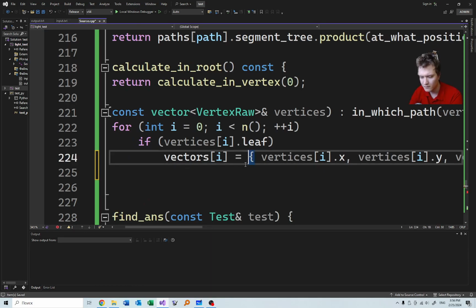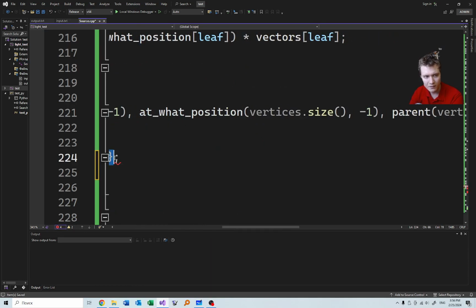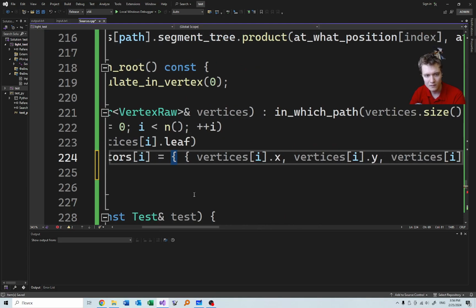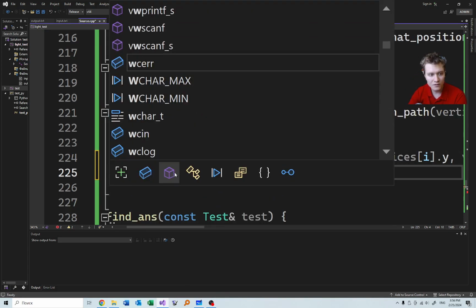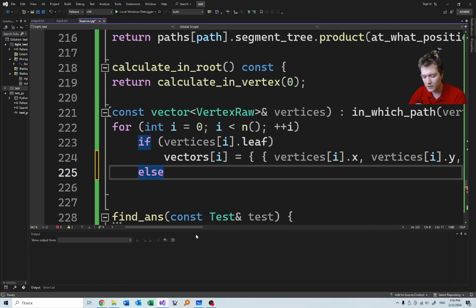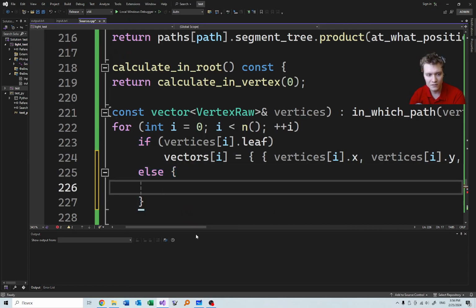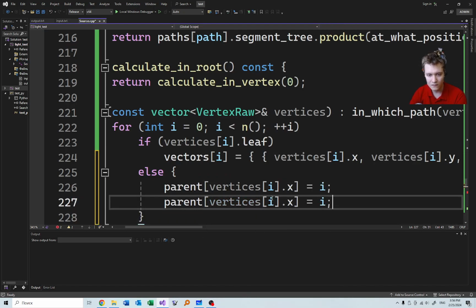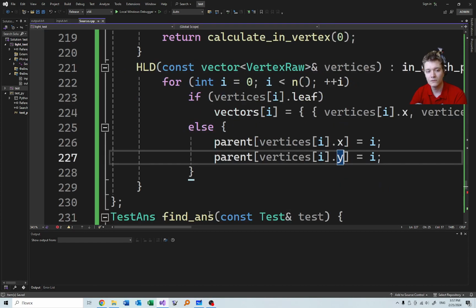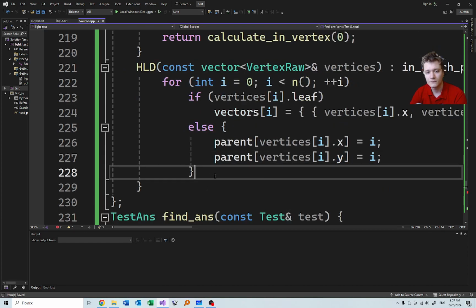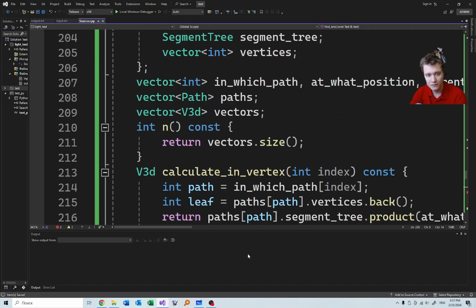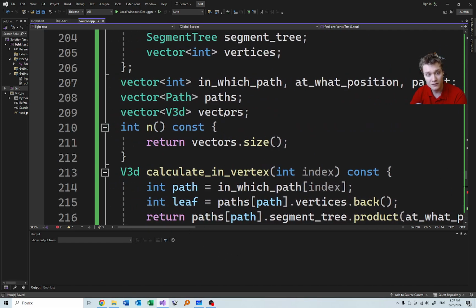Actually, I think we need a pair of braces. Okay, if it is not a leaf, then we know parents of two vertices. So parent of vertices i dot x is i, and for y the same. Good. Okay, we have filled parent and vectors correctly.